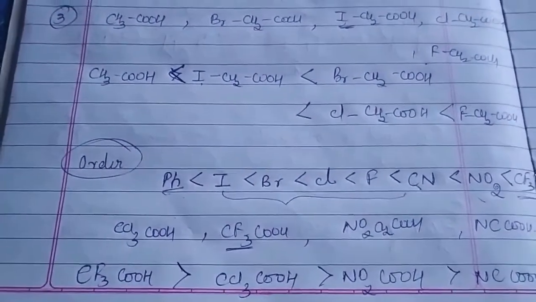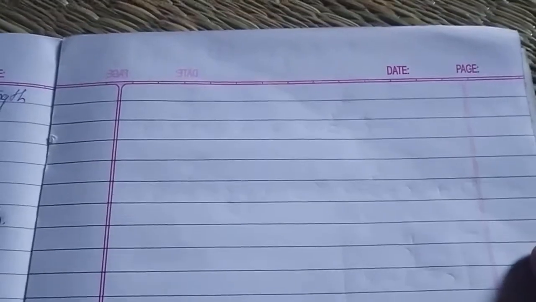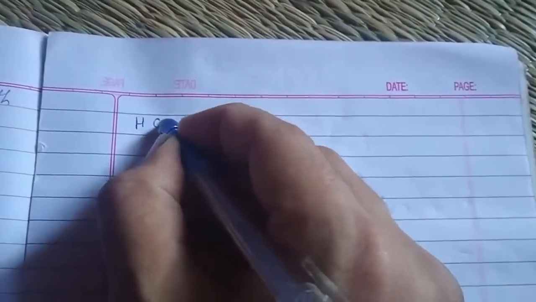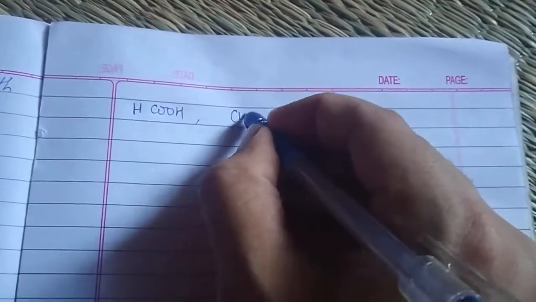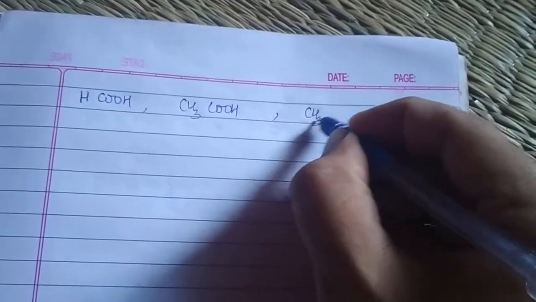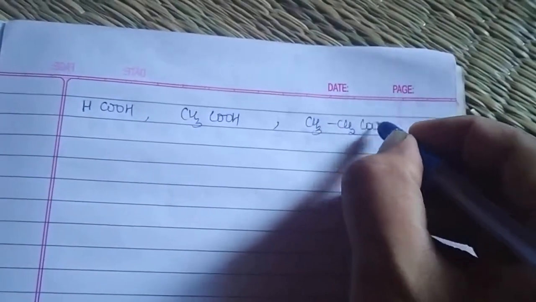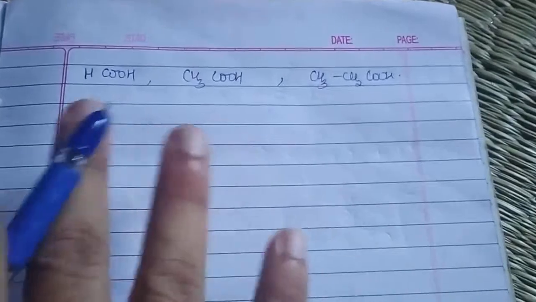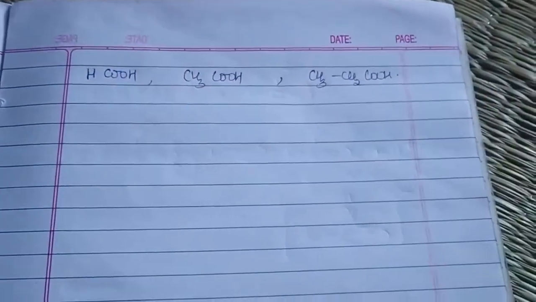Very important. Now let us have some examples of electron donating groups. We came to know that electron donating groups, if present, decrease the acidic strength. Yes or no? Yes. Now if I give you formic acid, HCOOH, acetic acid, CH3COOH, and propanoic acid, CH3CH2COOH, arrange them in decreasing order of acidic strength.